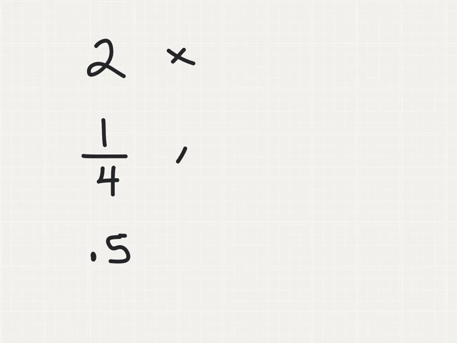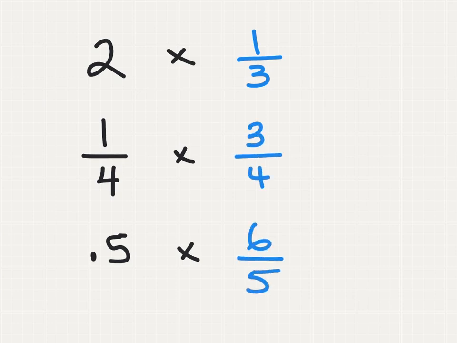Whenever I multiply any quantity, a whole number, a fraction, a decimal, by a fraction, maybe my fraction is 1/3, maybe it's 3/4, maybe it's 6/5, one of three things is going to happen.